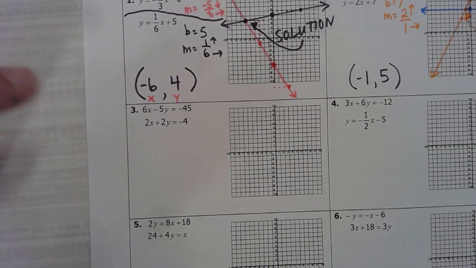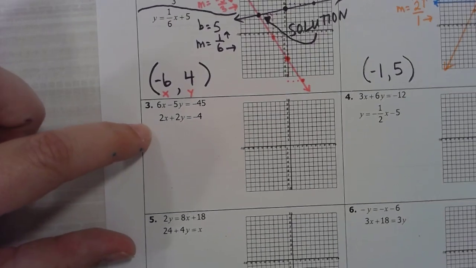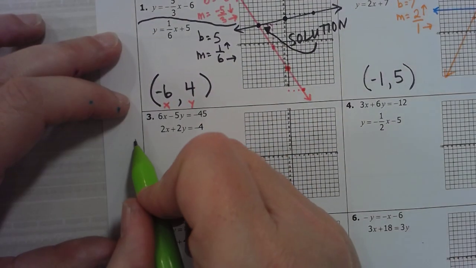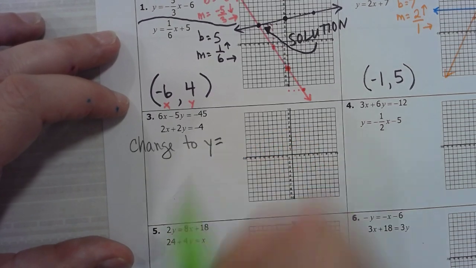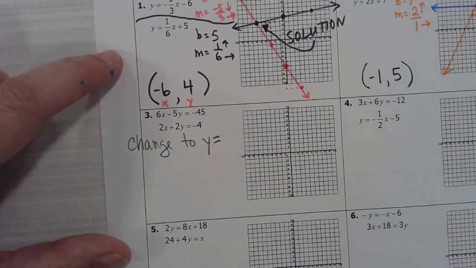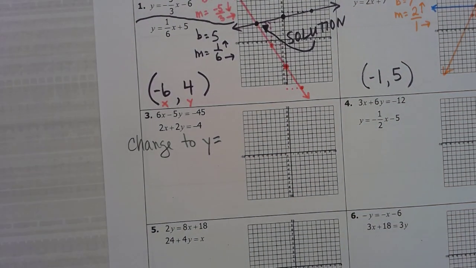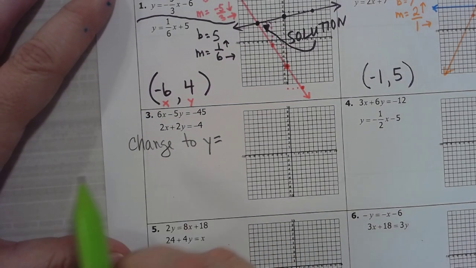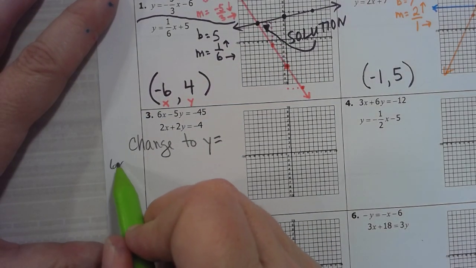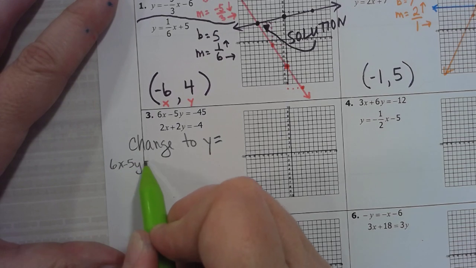All right, so let's change number 3 to y equals. Before you start, change each equation to y equals, because you can't graph unless it's in that form. I'm going to write small, because this one takes a lot of work to rearrange.